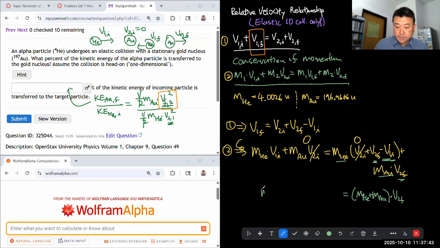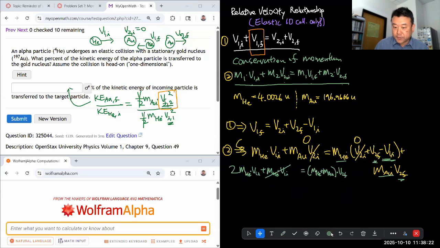I have mass of the helium times V1 initial, now plus, that's interesting, plus mass of helium times V1 initial. So these are the two exact same terms. So get rid of one, make one of them 2. Let me just move this to make myself a little bit of room.